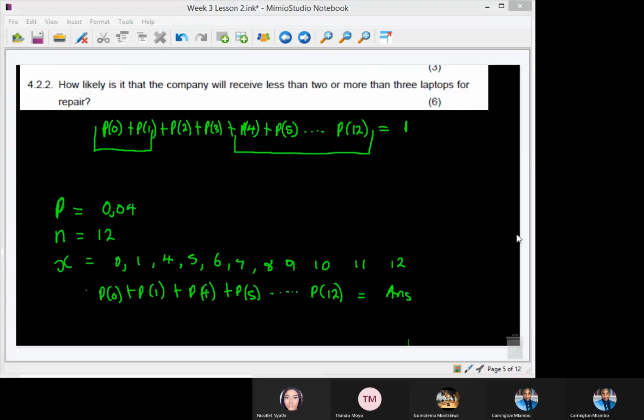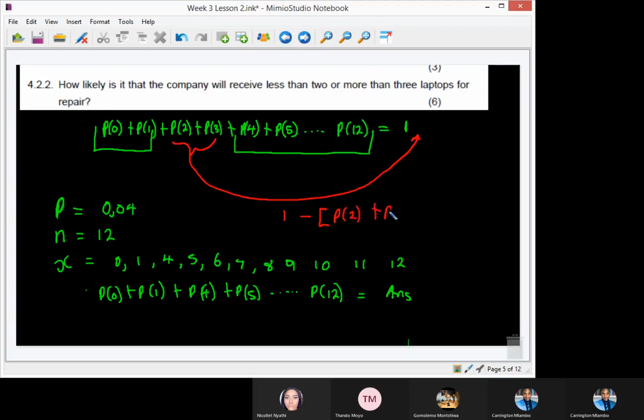So the easier way, you can simply take this probability, put it this side, and subtract. So it will be 1 minus probability of 2 plus probability of 3. If we remove 2 and 3, then we remain with 0, 1, 4, 5, 6 until 12. Easy as that. That's the shorter way of doing it.